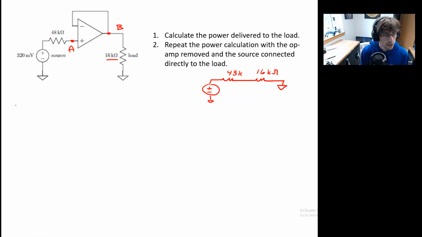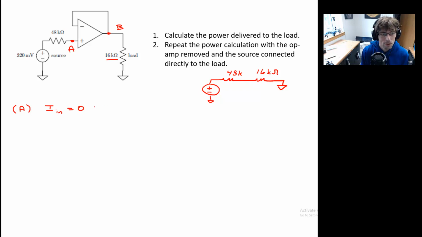So if I consider node A for a moment, we are going to take advantage of our golden rule. Our golden rule states that the input current, so I in, must be equal to 0.